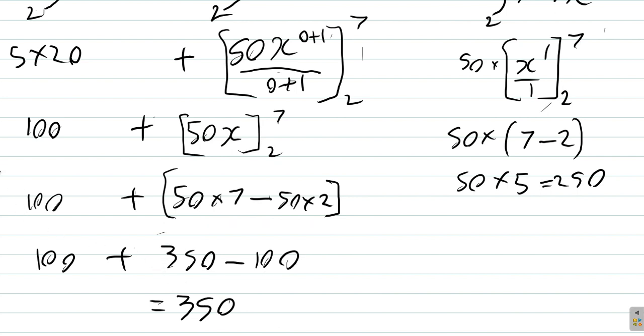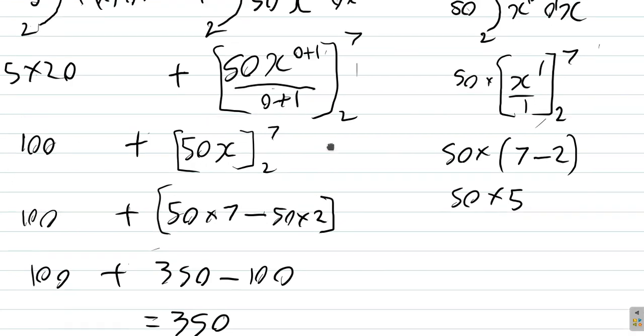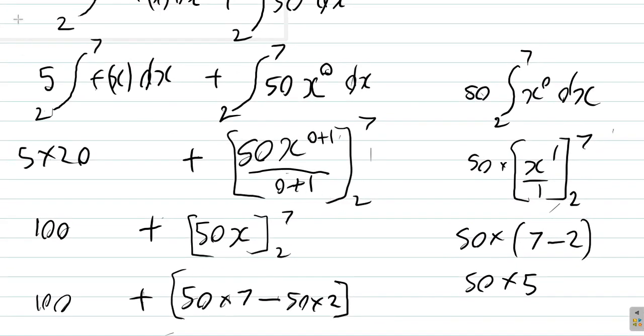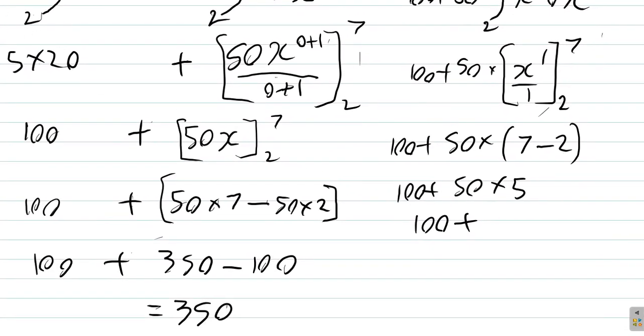If you had added the 100 on the left, it will be 100 plus 50 times 5, 250, to give you the same 350, right?